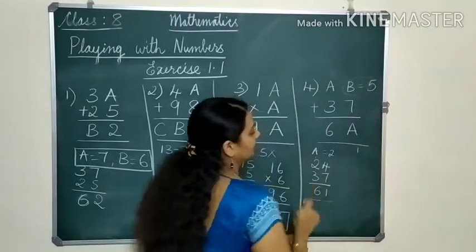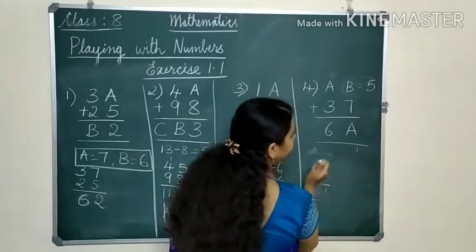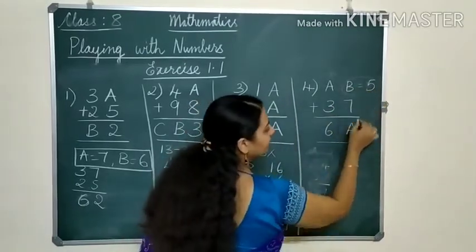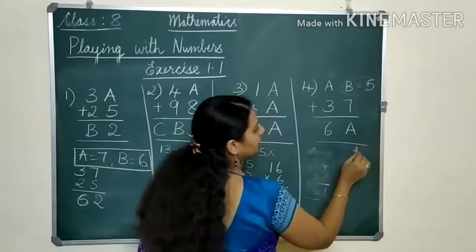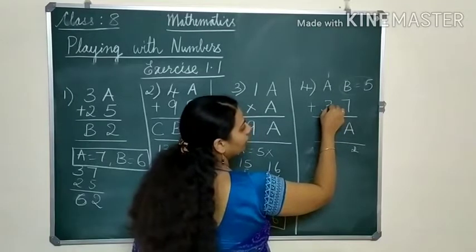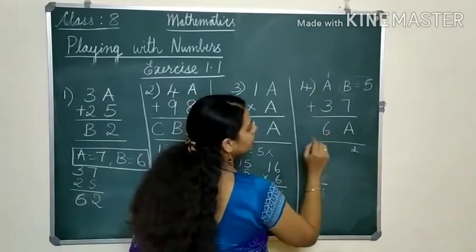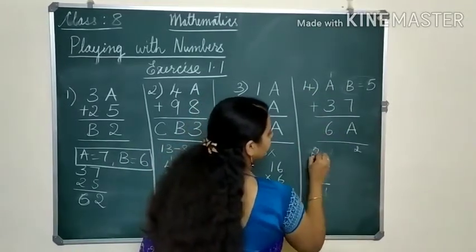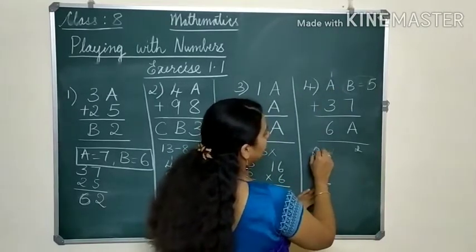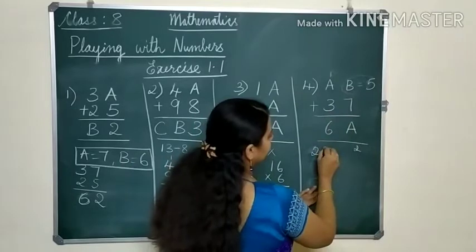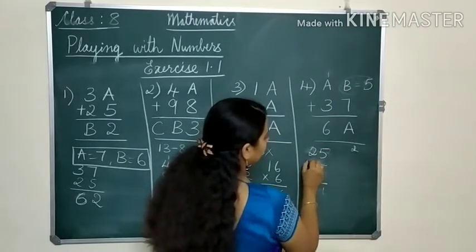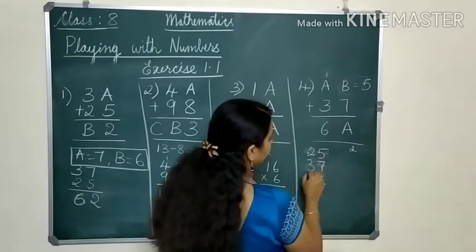Fine. Let's do this once again. So if you consider B as 5, 5 plus 7 gives you 12. So 1 carry over. Then 1 plus 3 is 4. 4 plus 2 gives you 6. So now we will see the value of A as 2 and B as 5, 25 plus 37.